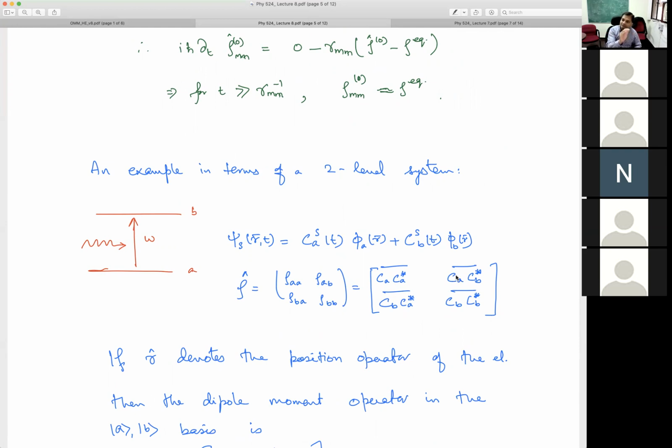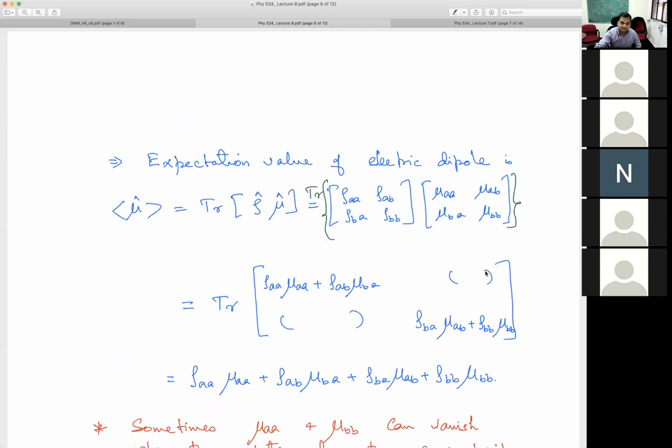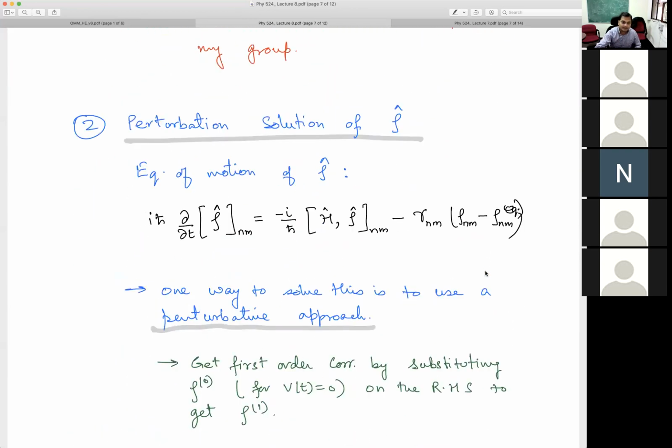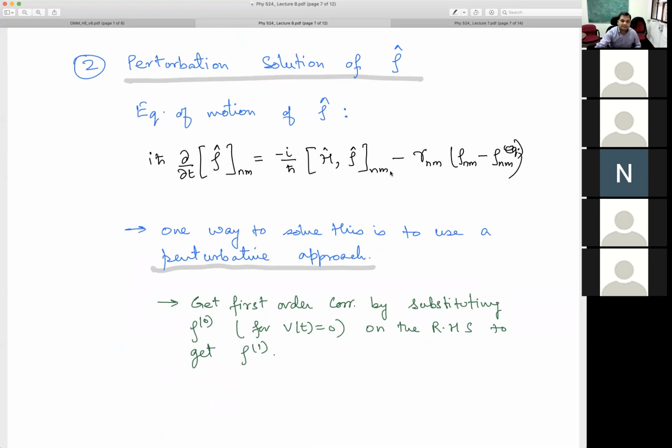And then I used that equation to build a perturbation series in C's, right? And using that C's, I found the perturbation series in the observables. Okay. So we'll follow roughly the same approach here, except that now I have the density matrix, which already has a very nice equation of motion, to which I have added the phenomenological damping term.